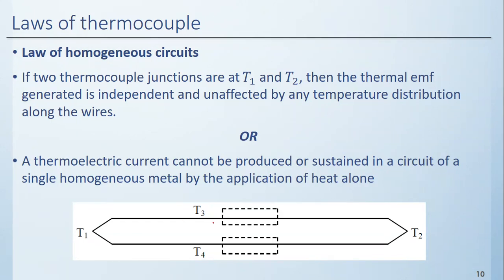If you have different temperatures at the intermediate points, let it be, but the EMF is unaffected by those temperatures. So that is the statement of the law of homogeneous circuit. It simply means the EMF produced in the thermocouple depends only on the temperatures at the ends.